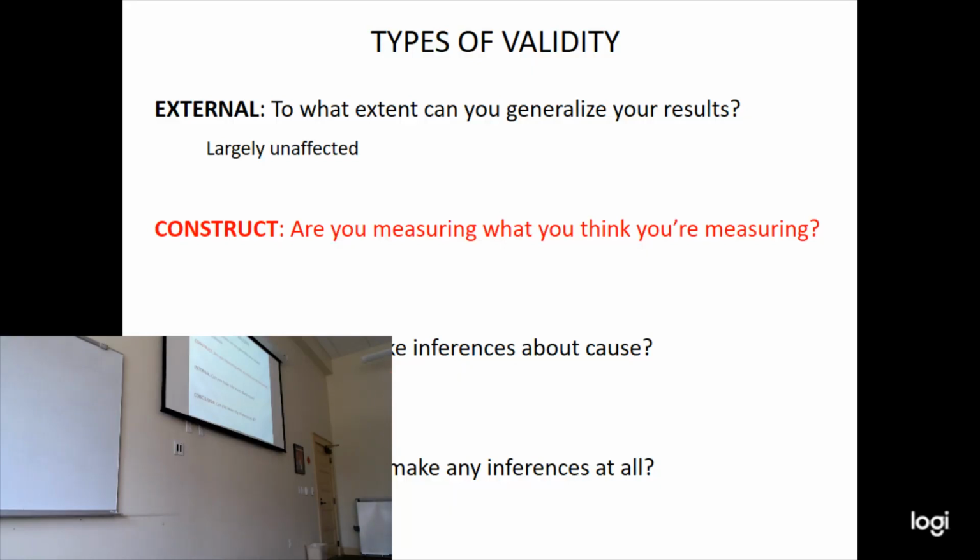Any other way that construct validity might be affected? Let's go back to that question I asked about the 4 grades. Imagine that you're asked to give ratings to either 1 grade or 4 grades.